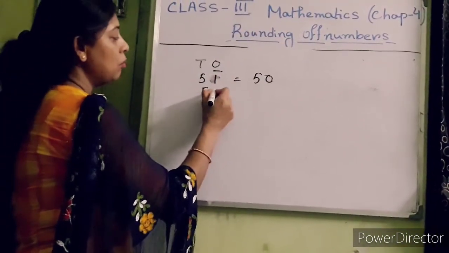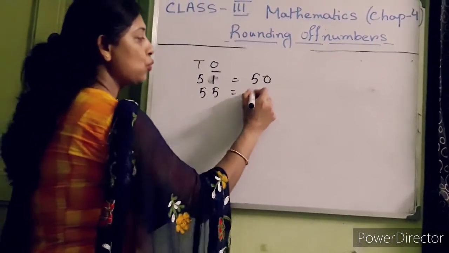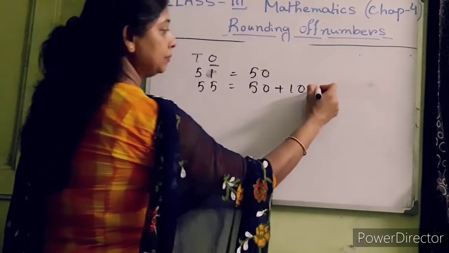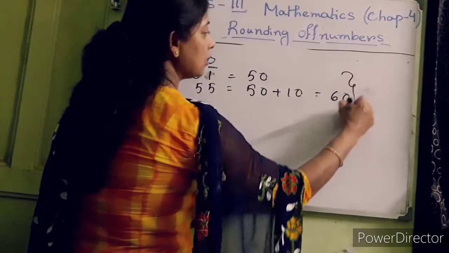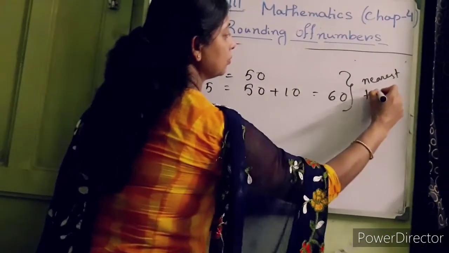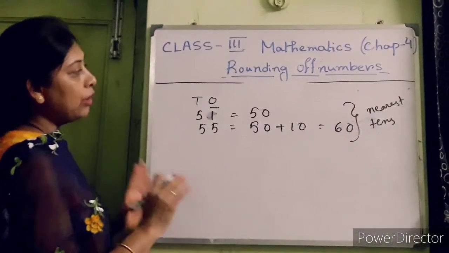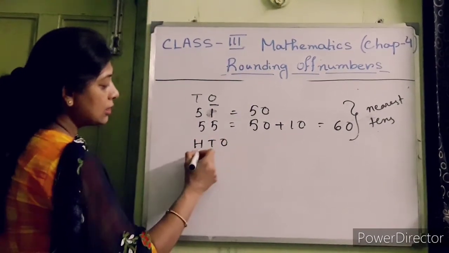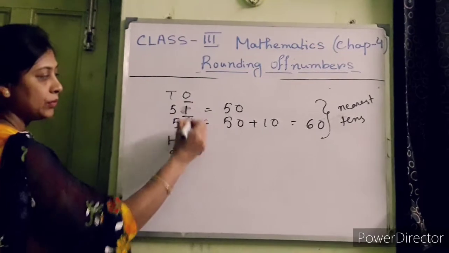Or if it is equal to 5 or more than 5, first you put 0 in the 1 place, after that you will add 10. So your answer will be 60 for nearest tens. Clear?